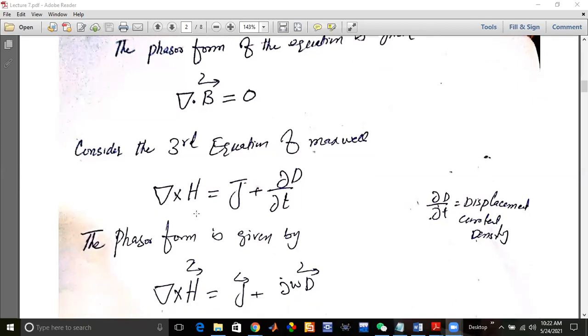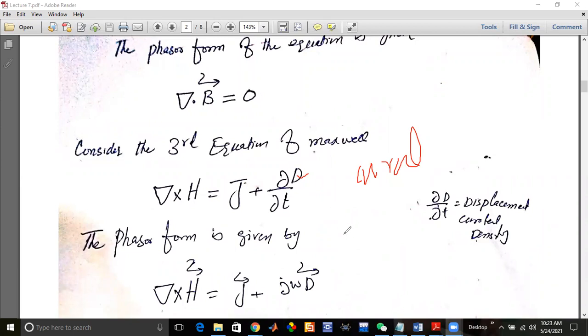And you may know the third equation of Maxwell; this is cross. So this cross is called curl. The other is called divergence, and this is called curl. The curl of magnetic field intensity is equal to the conduction current density plus the partial derivative of electric flux density. So when we convert this equation into phasor form, we will follow the two steps.